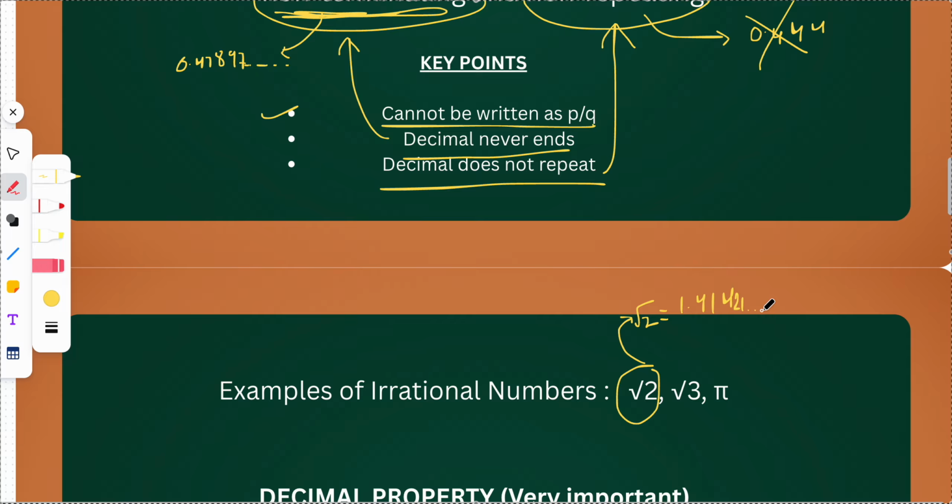After that, many decimal digits generally come. Okay, so the decimal expansion of root 2 is very big. It is not ending basically. And if a decimal expansion is not ending, not ending generally corresponds to what? Non-terminating. If a decimal expansion is not ending, that corresponds to non-terminating, and non-terminating decimal expansions are generally, as we have studied, irrational numbers.